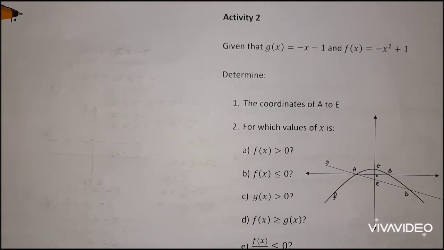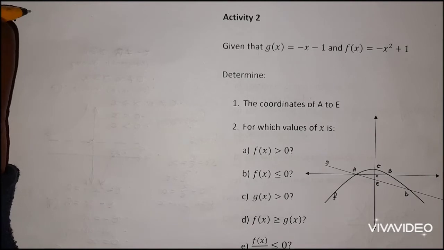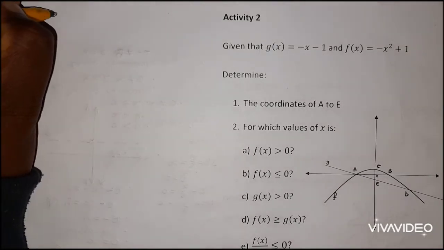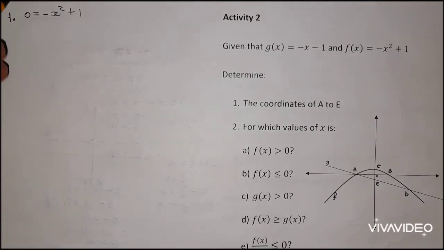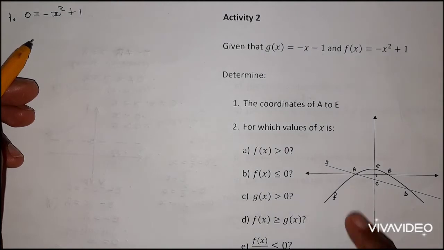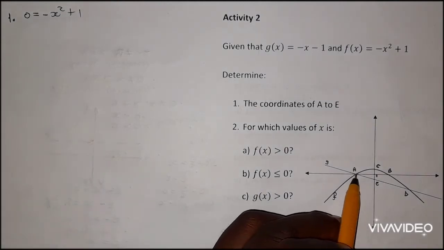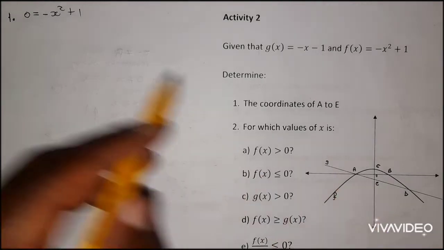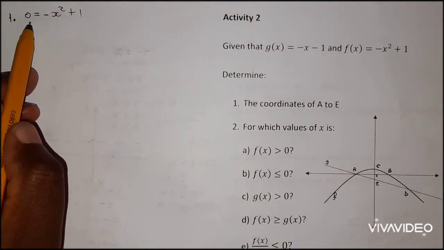And the x-intercepts of the parabola give us the solutions where y is equal to 0. So we can rewrite this as 0 is equal to -x squared plus 1, where our y is equal to 0. So at point A, y is equal to 0, and at point B, y is also equal to 0. That's why I have a 0 here.